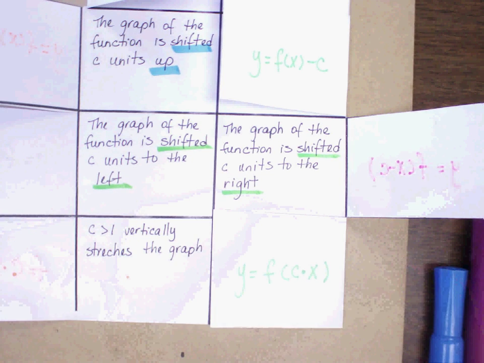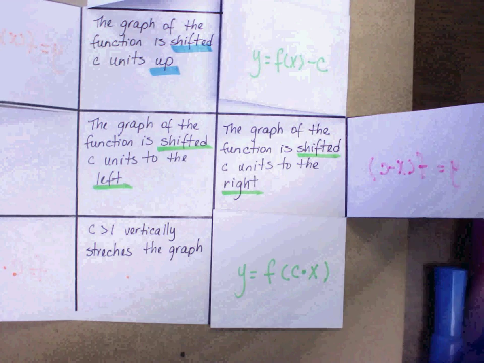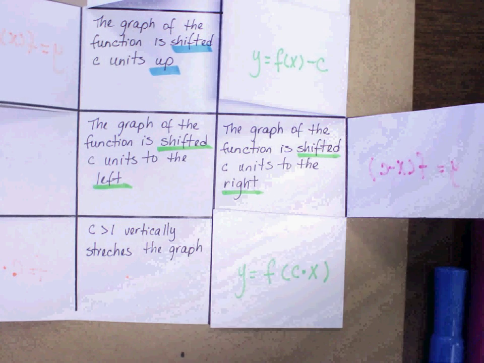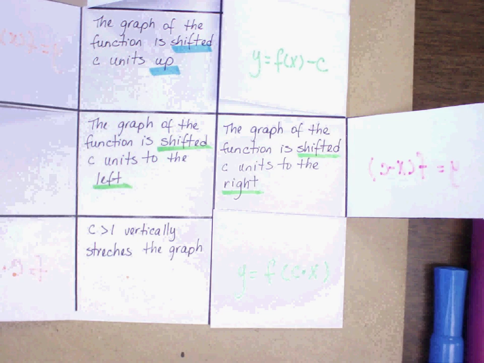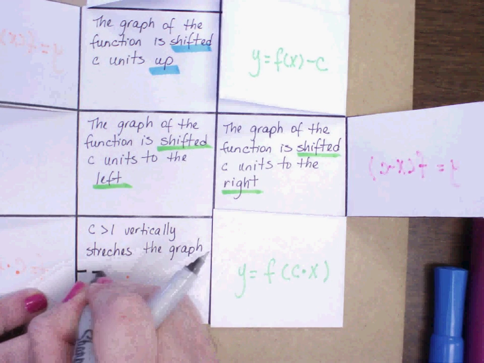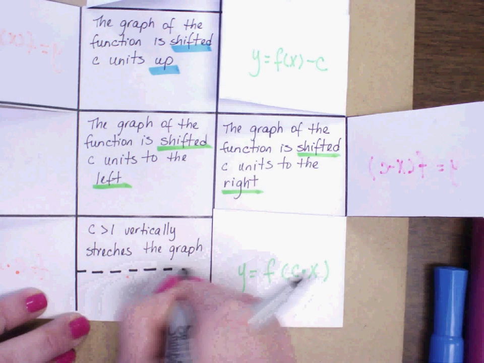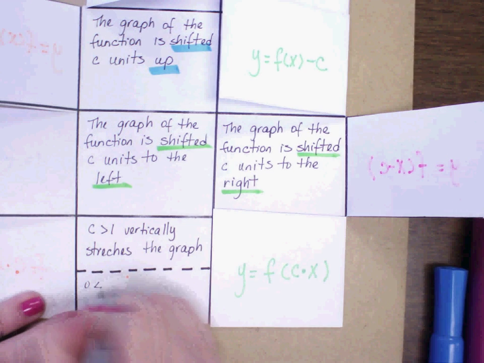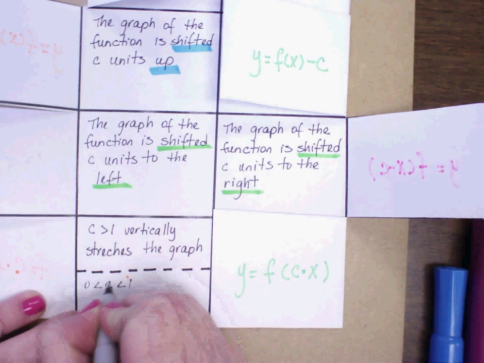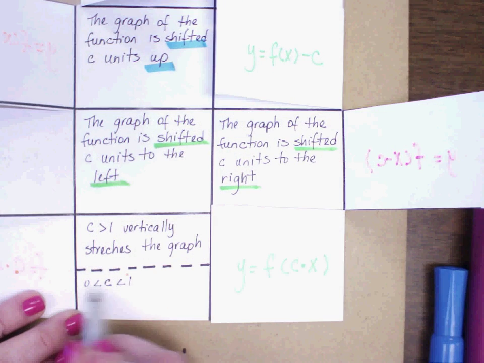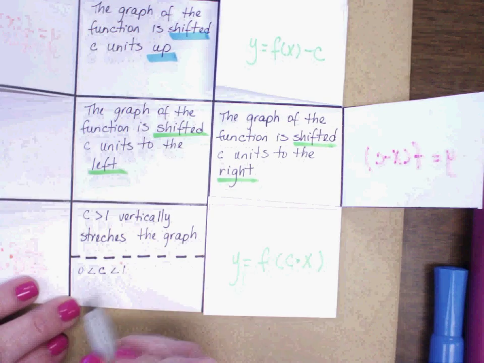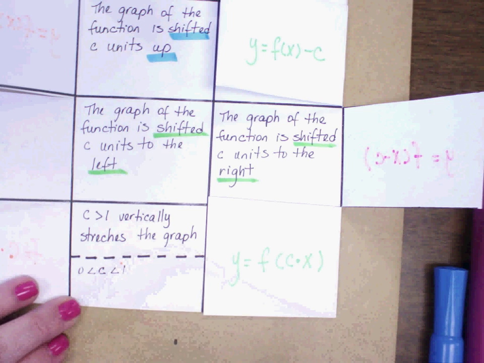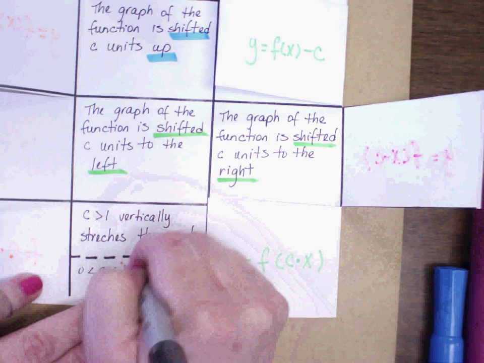And you learn what that is in quadratics, so you don't need to worry about that right now. But if C is greater than 0 but less than 1, it vertically compresses the graph.